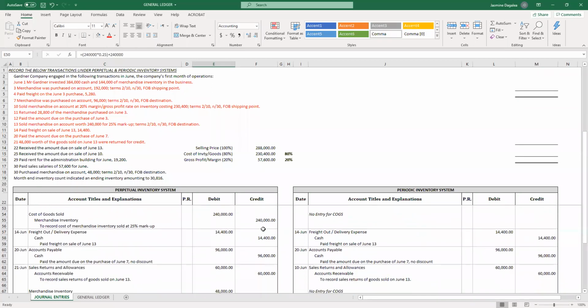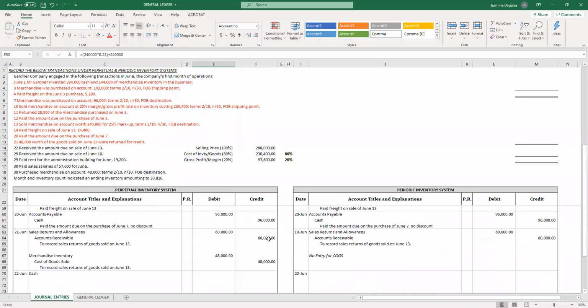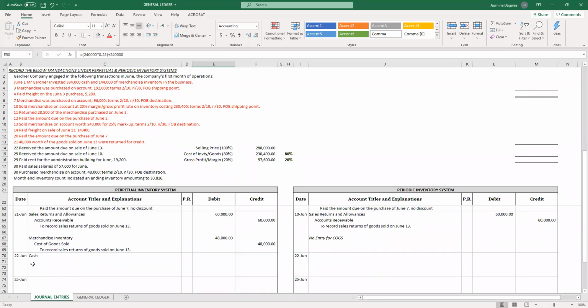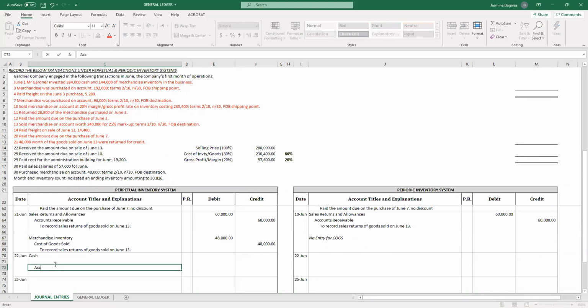Tapos on June 21, nagbalik siya ng 60,000. So, na-deduct yung receivable nyo by 60,000. So, 300,000 minus 60,000, yun yung amount ng receivable nyo na lang. Net receivable. So, you credit accounts receivable kasi binayaran ka na.